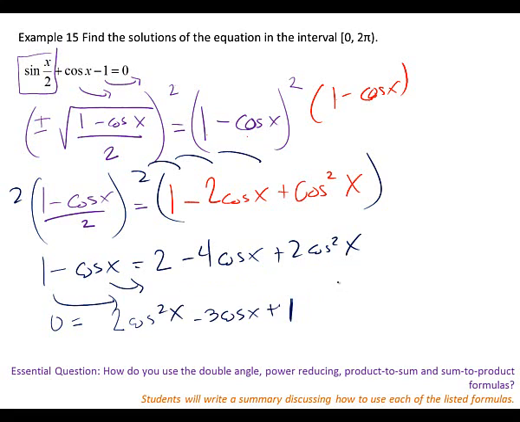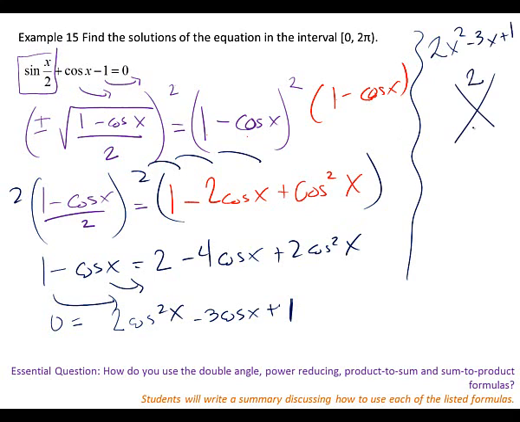We've seen this trick before, okay? So I'm going to have to factor it. It's similar to 2x squared minus 3x plus 1. How do I factor something like that? Magic x. That's where we're going to start. So 2 numbers that multiply to 2 and add to negative 3.